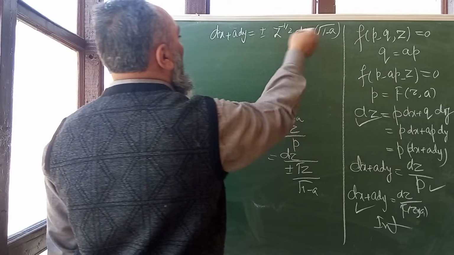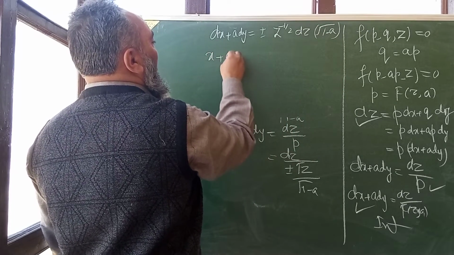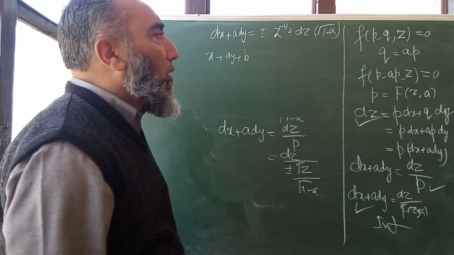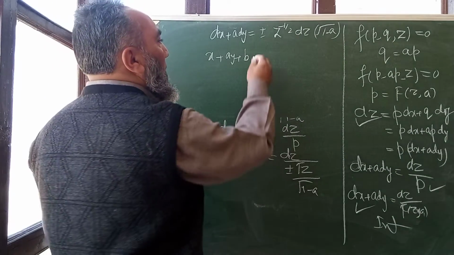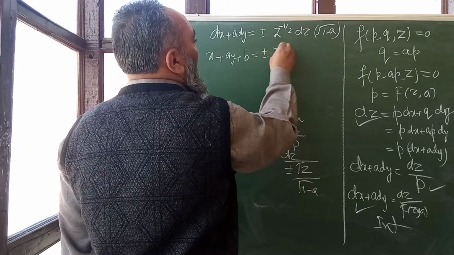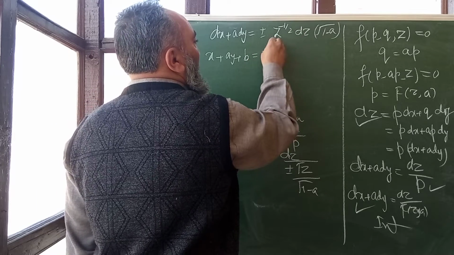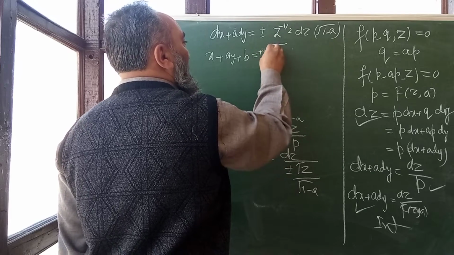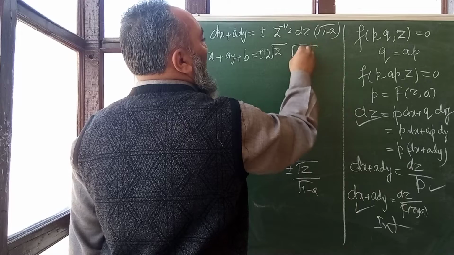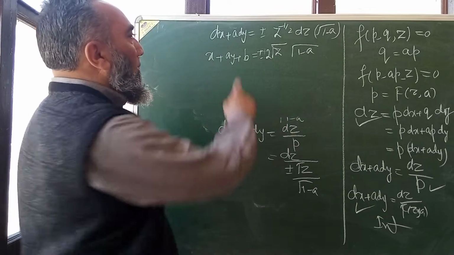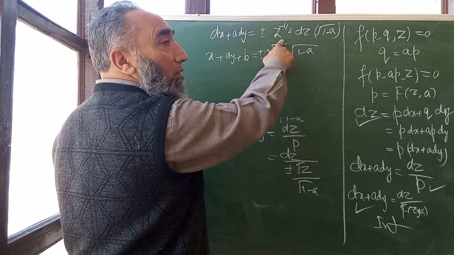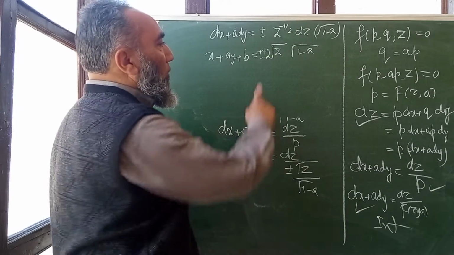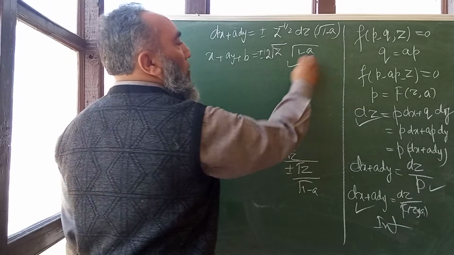So let me integrate it. I will get x plus ay plus some constant of integration. Whether we write it on the right hand side or left hand side doesn't matter. This is Z raised power minus half plus 1, half by half, so it is twice root of Z into root of 1 minus A. So this is a complete solution.